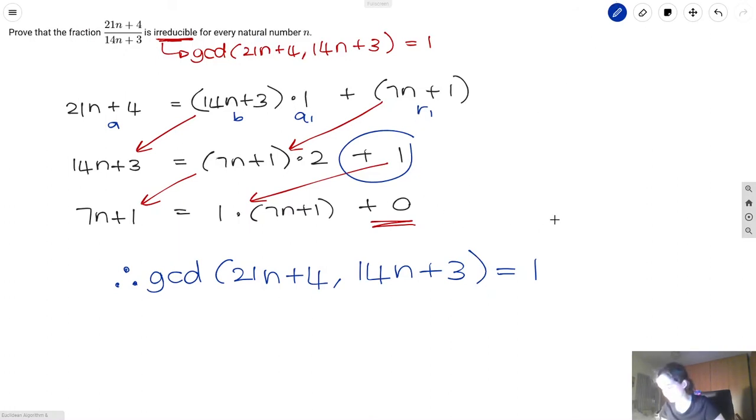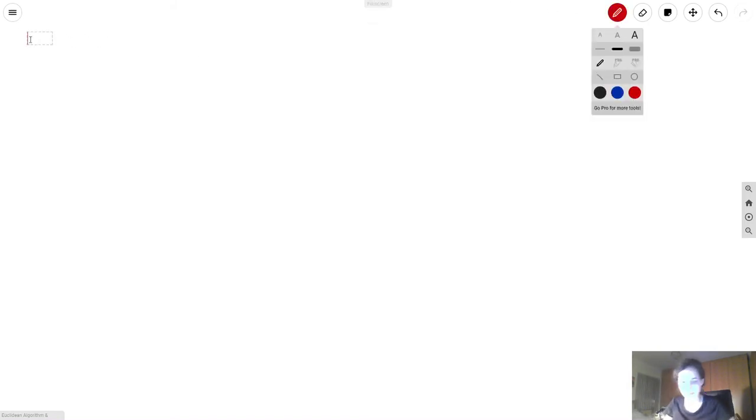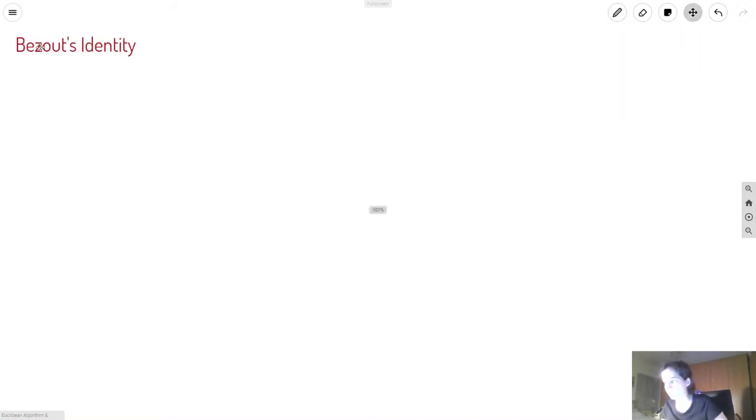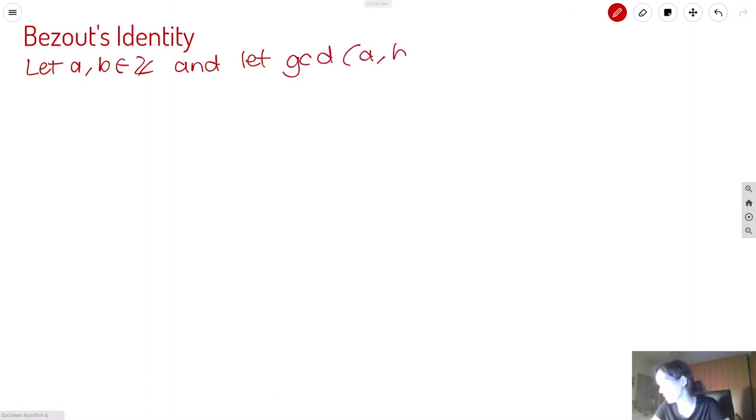Okay, now we're going to quickly look at Bezout's identity. Bezout's identity says that let a and b be integers and let the GCD of a and b equal d.